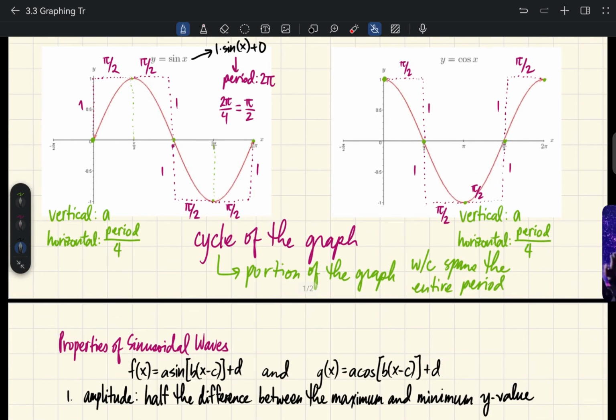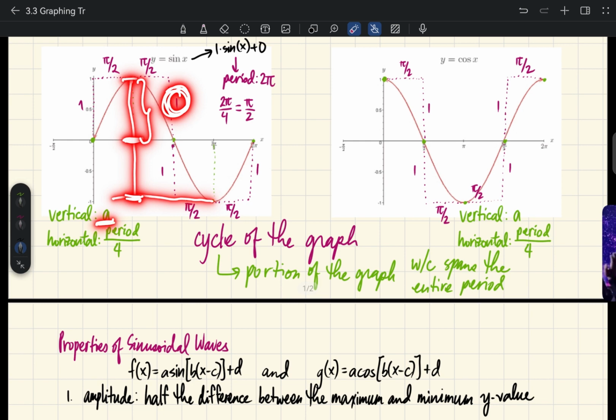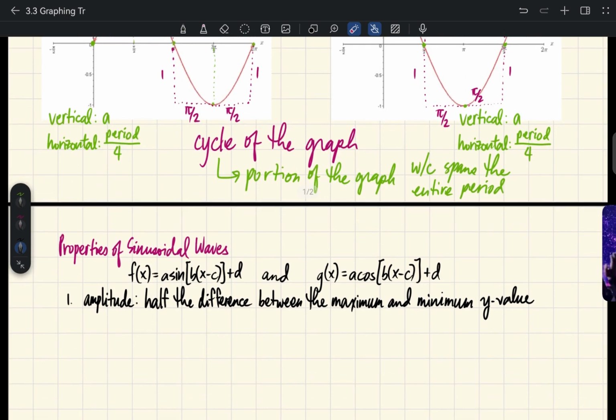So amplitude is just half the difference of your maximum and minimum value, which, as you can see from this one, is just giving us the length A right here, or in particular, we're considering the absolute value of that A. So the amplitude of the sine wave is the absolute value of A.